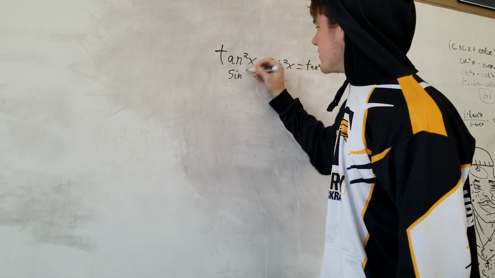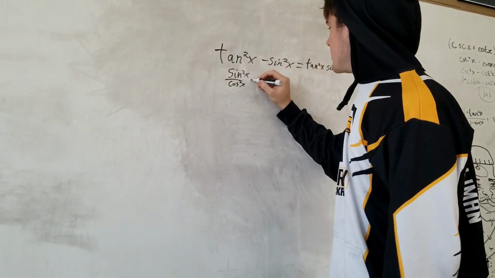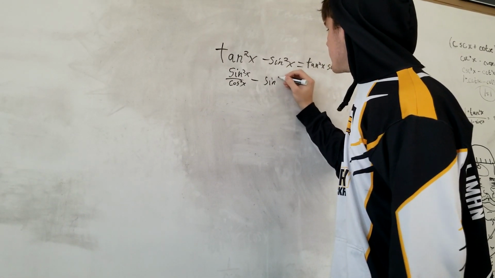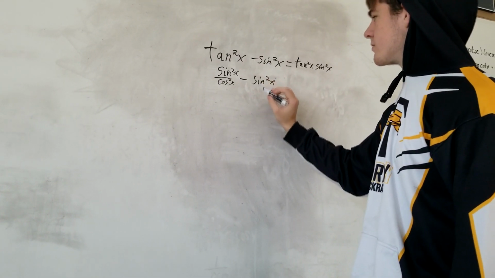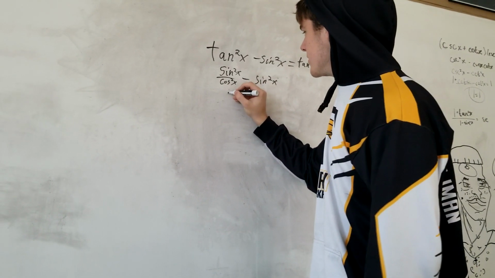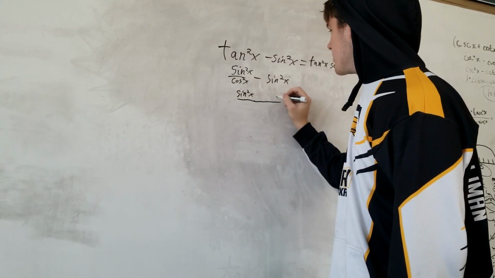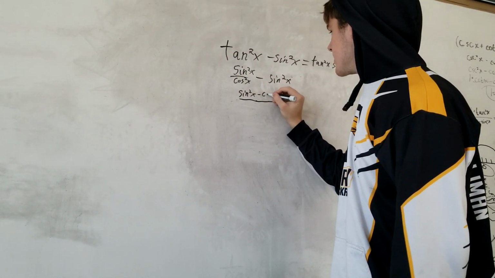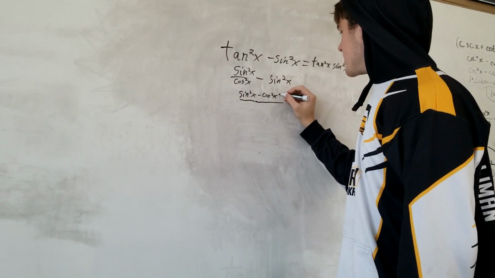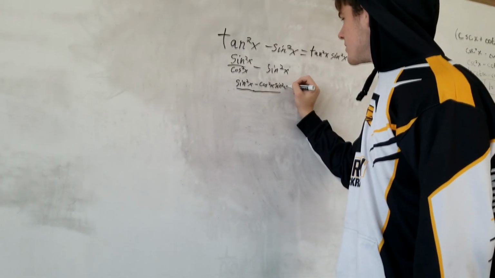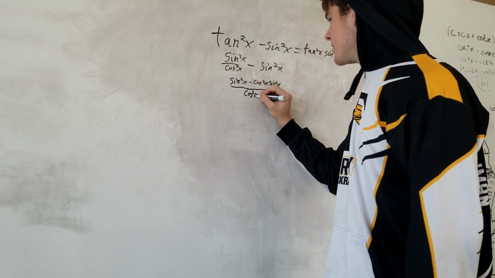Take this, put it over sine squared x over cosine squared x, and you get this. And if you combine by putting this over cosine squared x, you get sine squared x minus cosine squared x times sine squared x, and put that over cosine squared x.